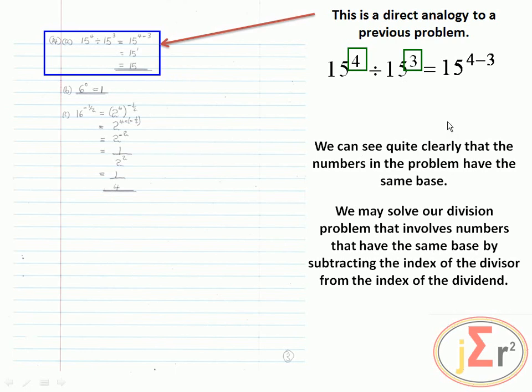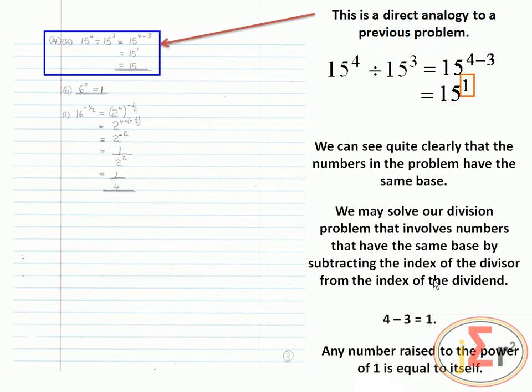So we need to always be mindful of the fact that we need to subtract the index of the divisor from the index of the dividend. So we have 4 minus 3 is equal to 1, and what? Any number raised to the power of 1 is equal to itself.